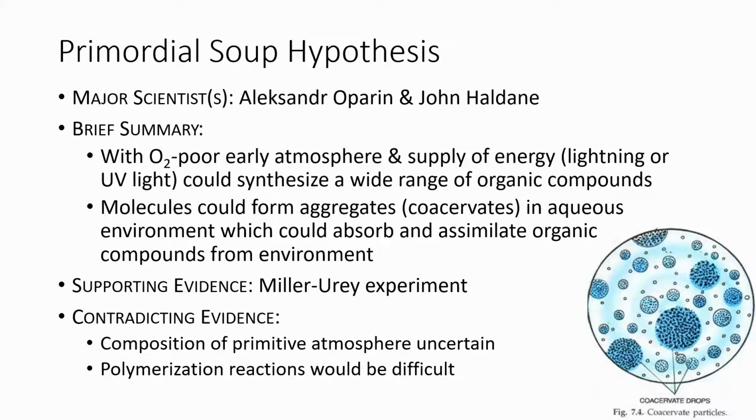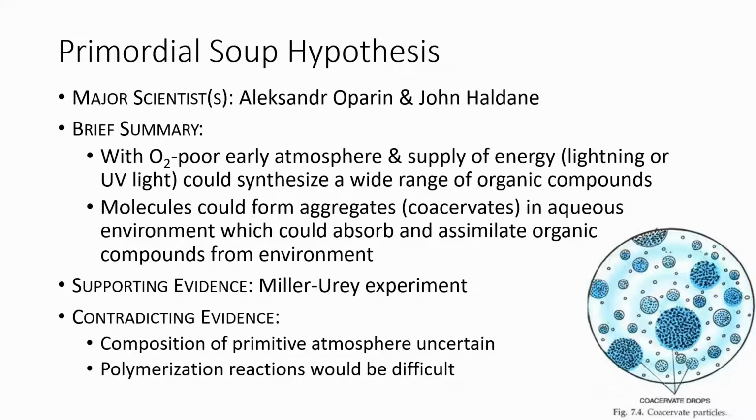One of the first ones was developed by Alexander Oparin and John Haldane. Sometimes it's called the Oparin-Haldane hypothesis, which is why I included the names of the major scientists involved. It's also called the primordial soup hypothesis: there was an oxygen-poor early atmosphere, but there were things able to supply energy, like lightning or even ultraviolet radiation, which in an oxygen-poor atmosphere would not be blocked, because there would be no ozone to block it from hitting the Earth's surface.